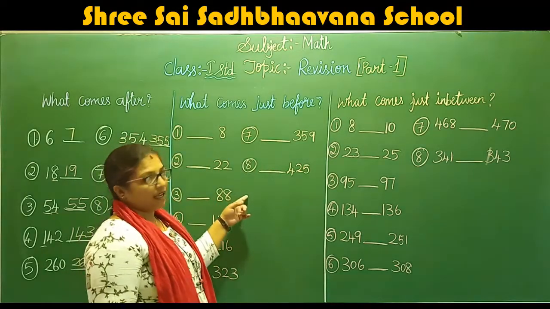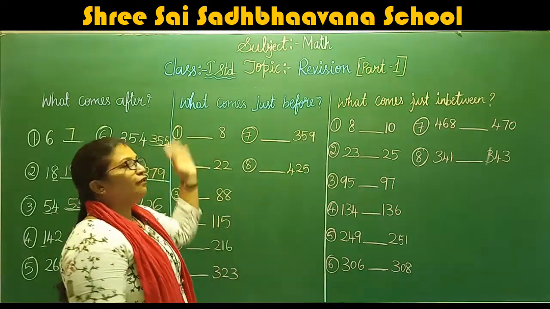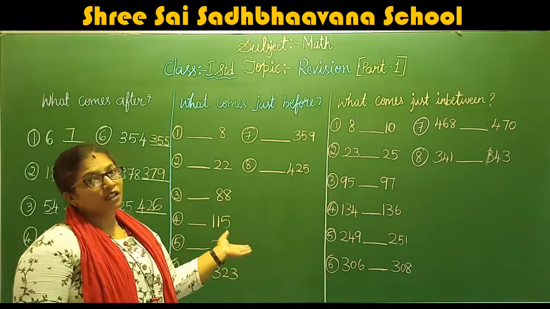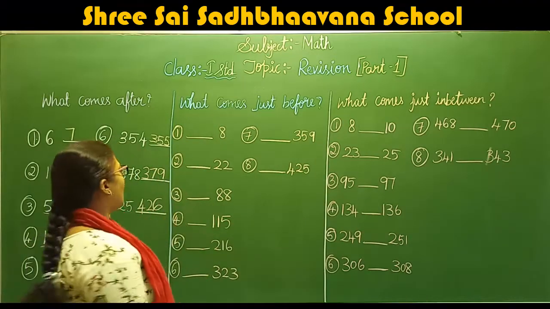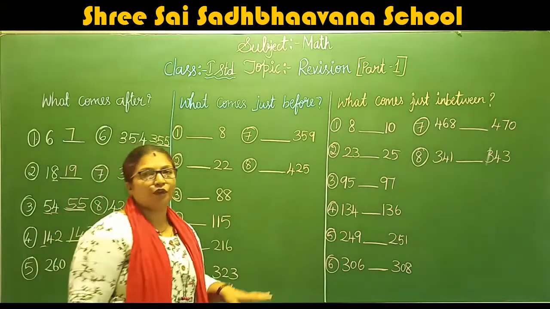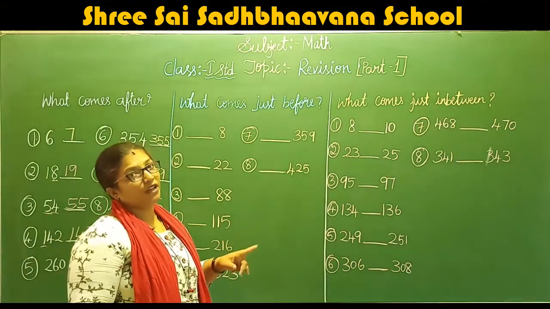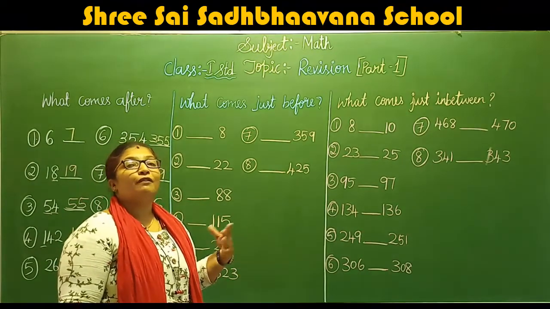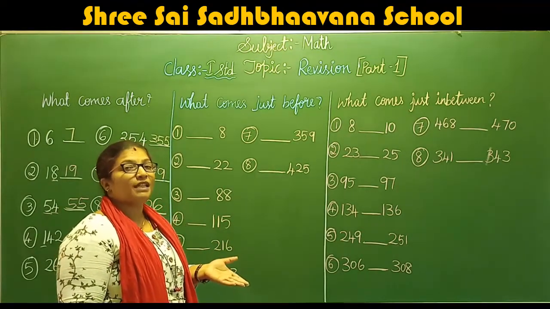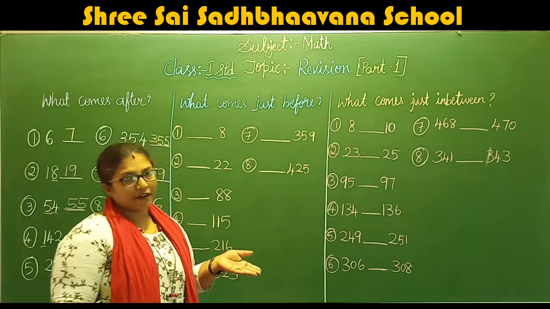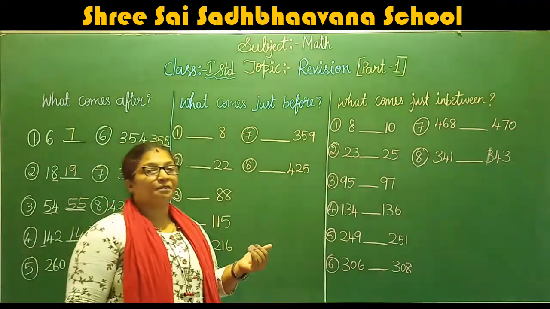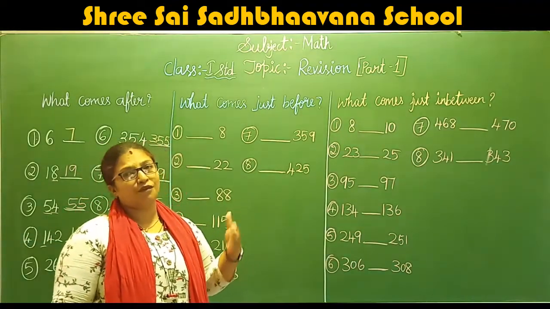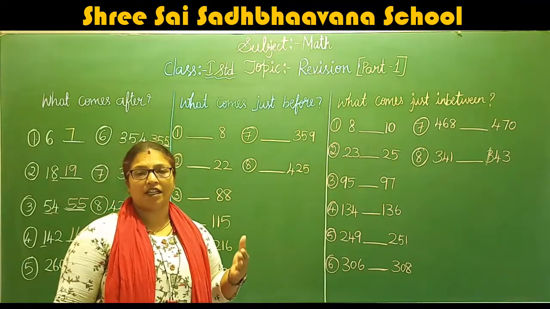Now I am asking you to write the before number. You have written the after number for the earlier numbers, but now write before numbers. Before means backward. Forward numbers are 0, 1, 2, 3, 4, 5, 6, 7, 8, 9, 10.